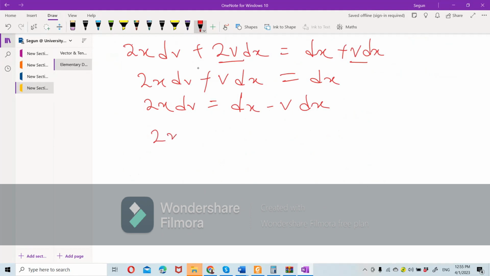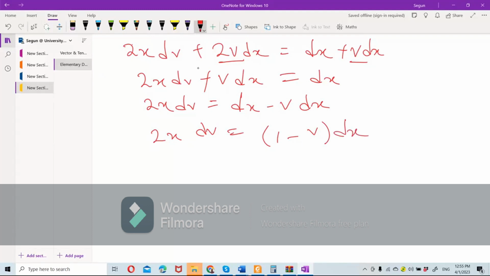So you have 2x dv equals to 1 minus v dx.